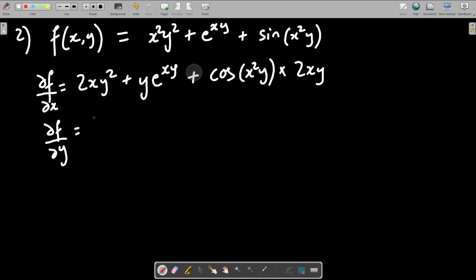Do the same thing. It appears to be very much similar. So this will become 2y x² plus x e raised to xy, because the first two terms are symmetric with respect to x and y. Whatever happens to x will also happen to y because they are symmetric. So x²y is the same as y²x also, y²x².